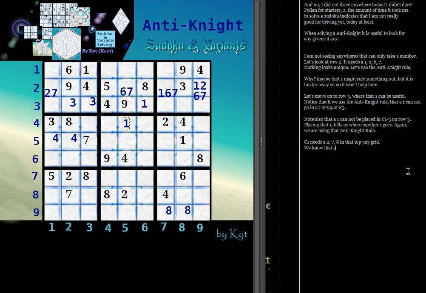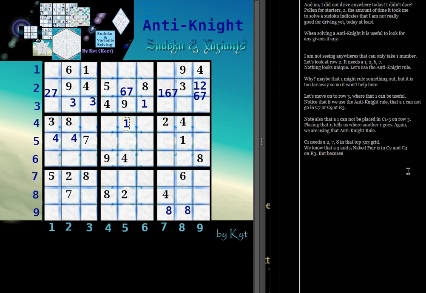We know that a 3 and 5 naked pair is in column 2 and column 3 on row 3.